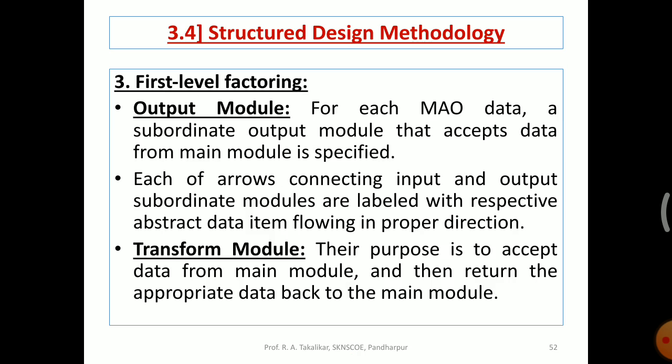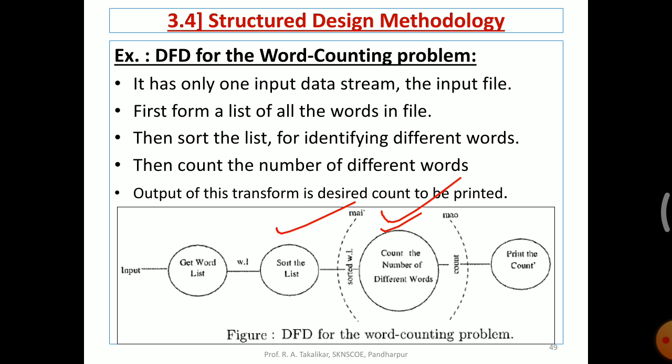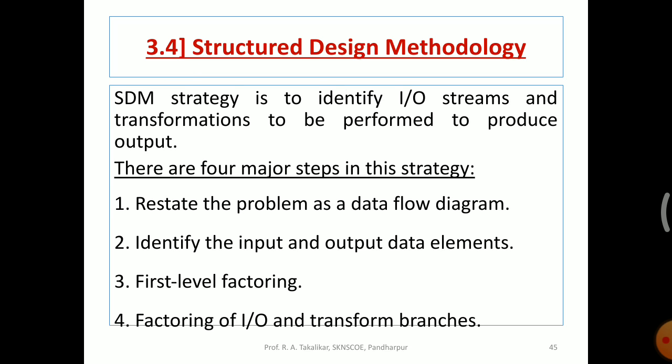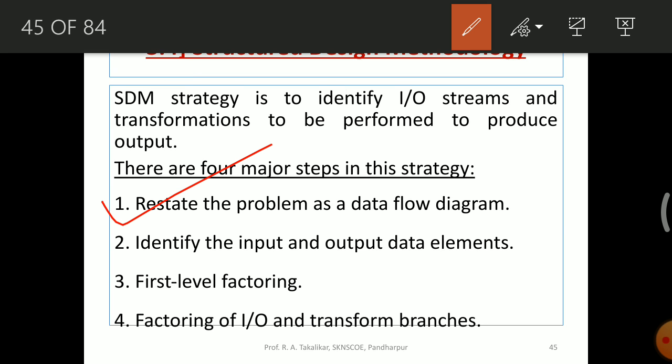So here we have considered 4 different steps in this strategy. First was to restate the problem into a DFD, draw the DFD. Second step is to identify the most abstract input and most abstract output data elements. Then the third step is first level factoring, creating only one level of factoring. Decide upon the main module and its immediate subordinate modules.